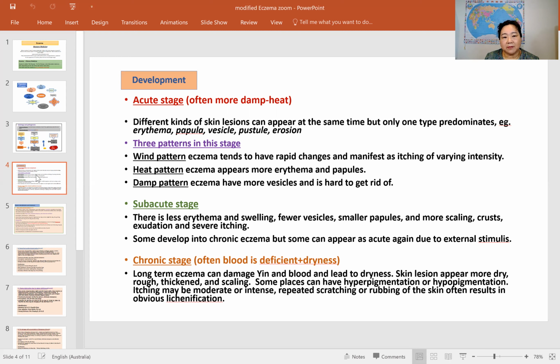Skin lesions appear more dry, rough, thickened, and scaling. Some places can have hyper or hypopigmentation. Itching may be moderate or intense. Repeated scratching or rubbing of the skin often results in obvious lichenification.